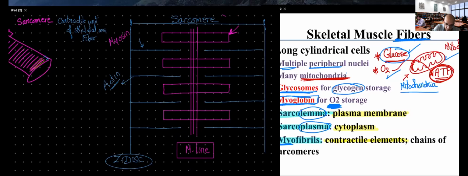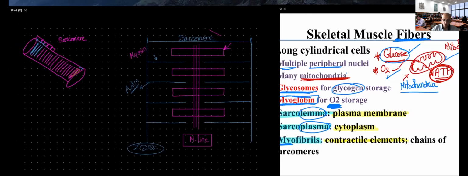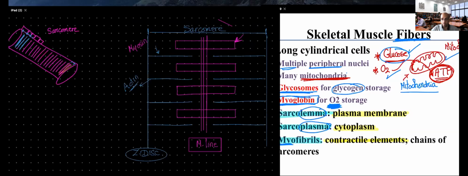Actin is the main type of protein subunit forming my thin filaments of the skeletal muscles. We're going to see two other types as we keep going. So again, thick filaments are the myosin filaments, and thin filaments are the actin filaments.